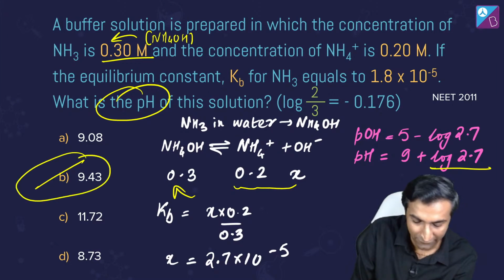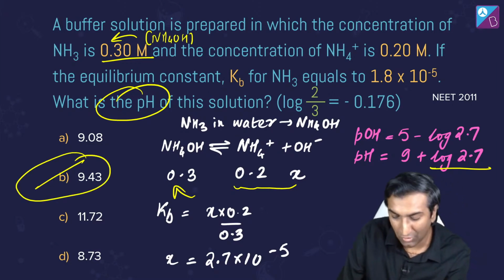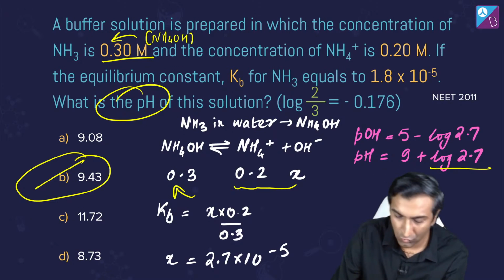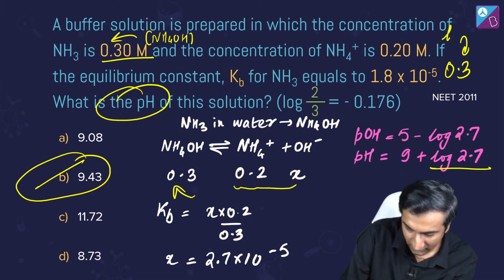An easy guess is 9.43 as compared to 9.8 because you know log 2 is 0.3, right?